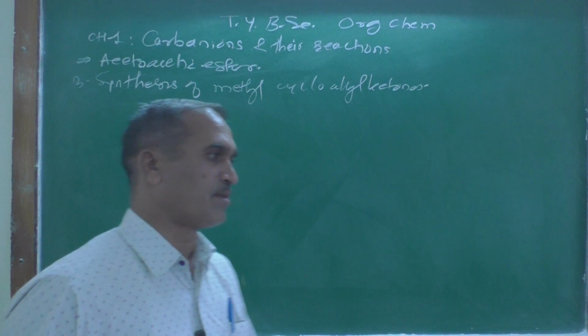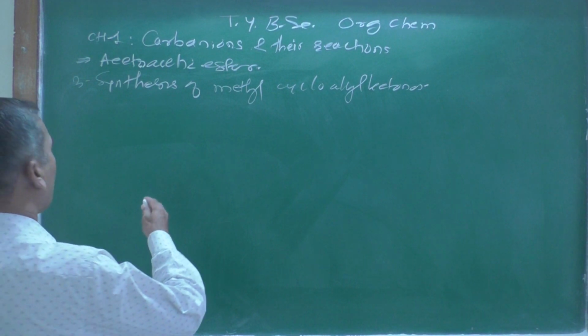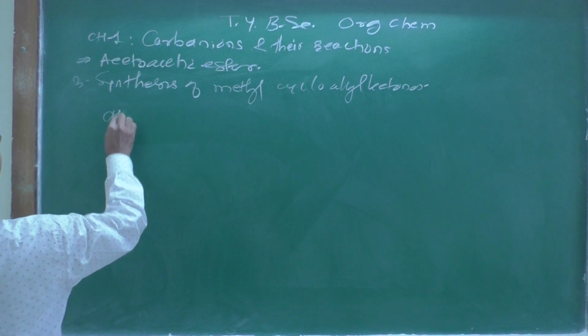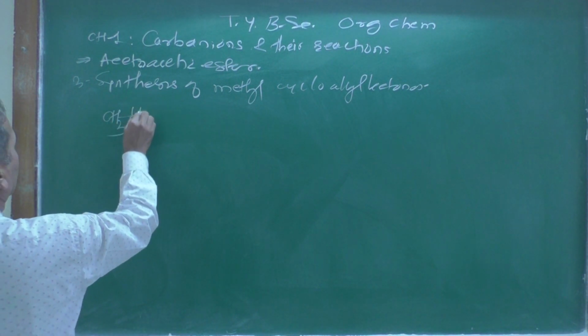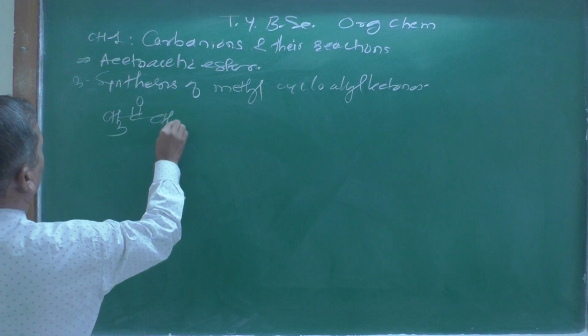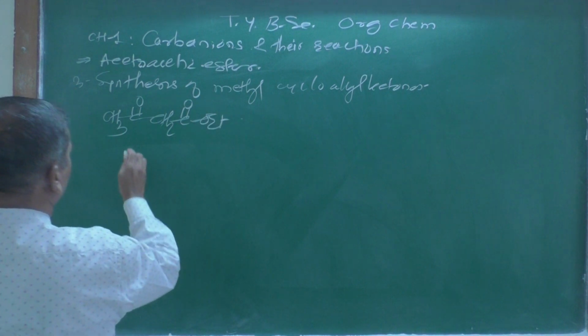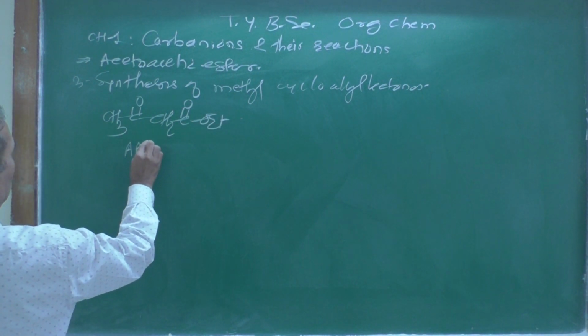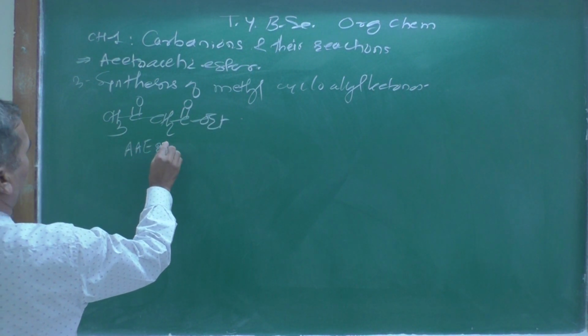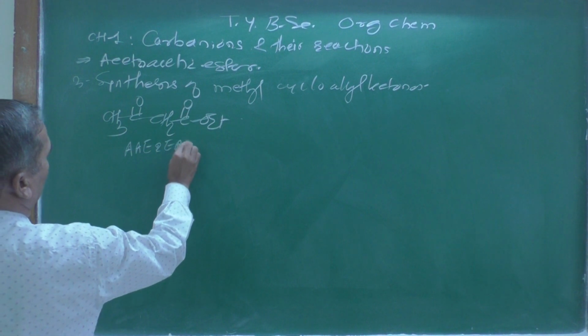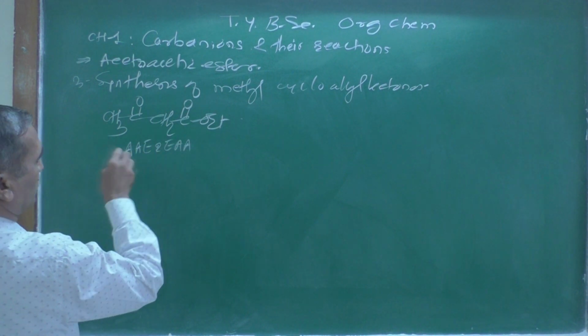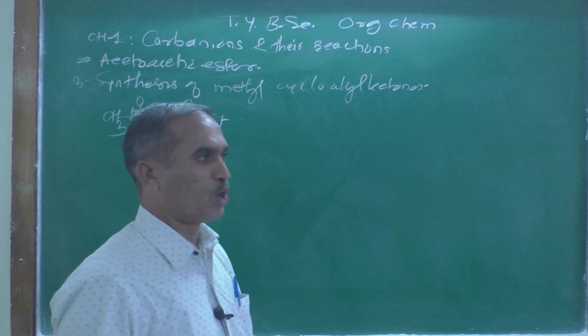Now let us begin with the starting compound, ethyl acetoacetate, CH3-C=O-CH2-C=O-OEt. This is known as acetoacetic ester, ethyl acetoacetate, or beta-diketone ester.